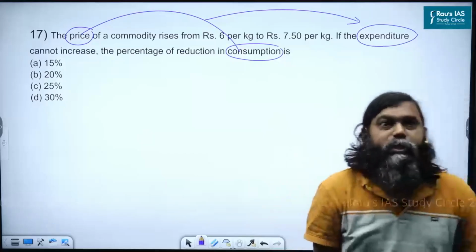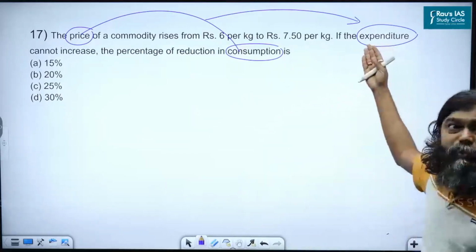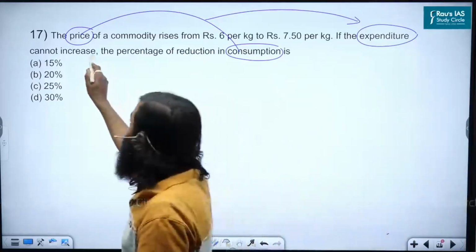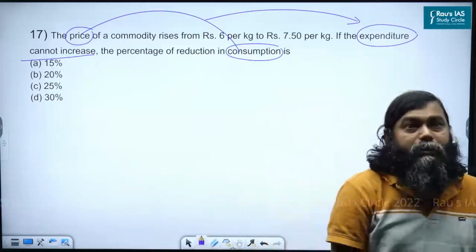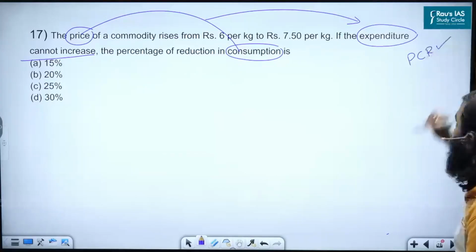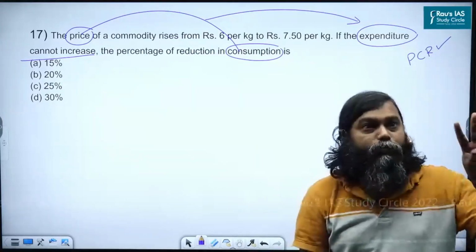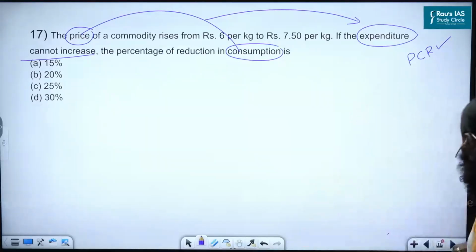So expenditure is called a product. Is this expenditure constant? The statement says yes. Cannot increase means expenditure is constant. Understood, boss? That means this question belongs to product constant rule. Out of two interpretations, you have to choose any one. Next lesson.